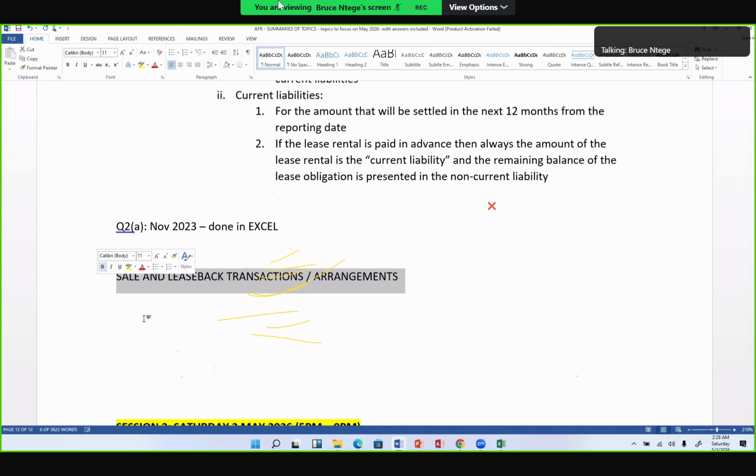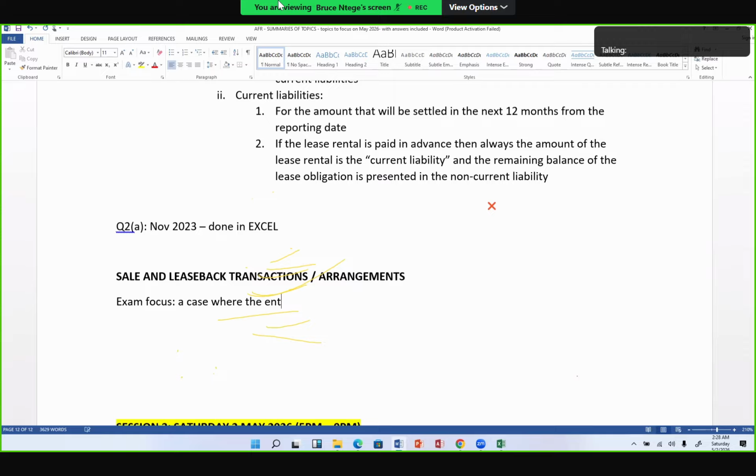Sale and leaseback. And the exam focus is a case where the entity is the seller of an asset. So the entity is basically the seller of an asset. So they've sold off an asset, and this is leased back.